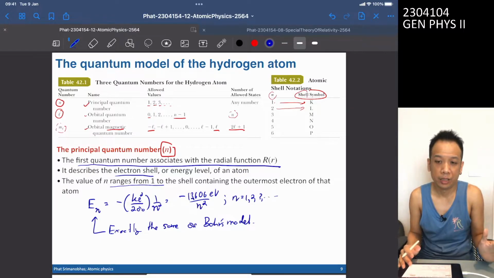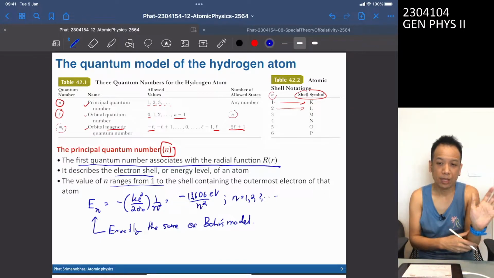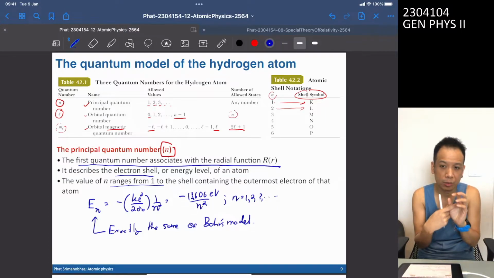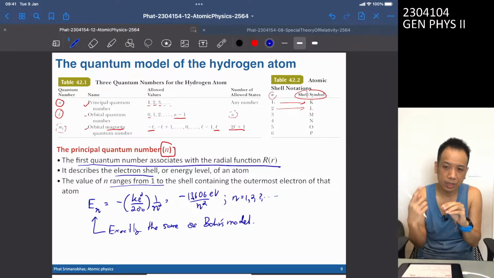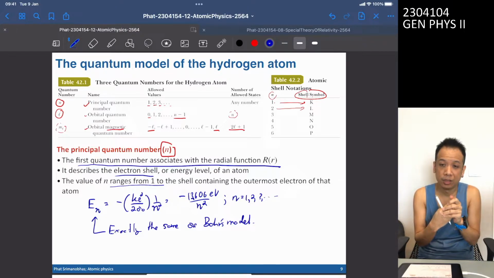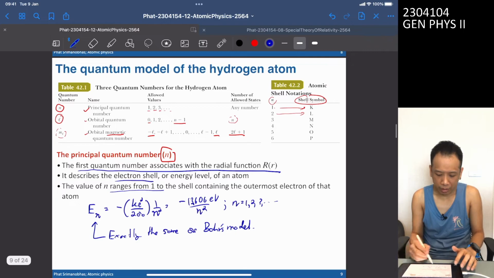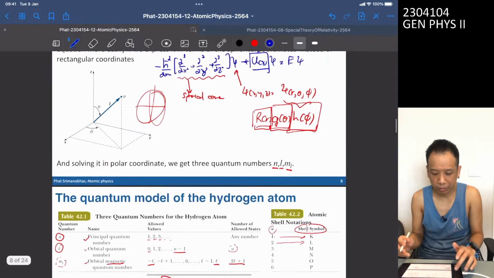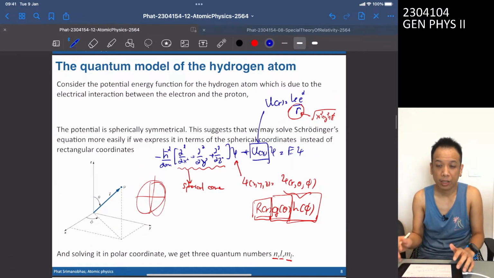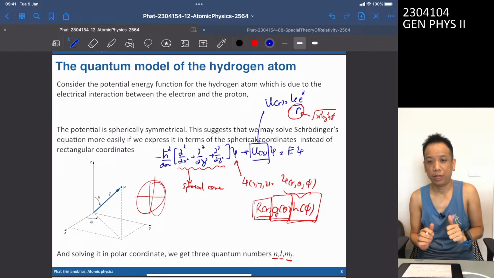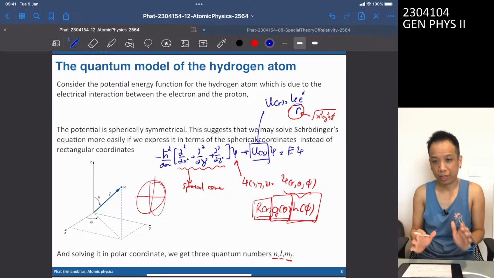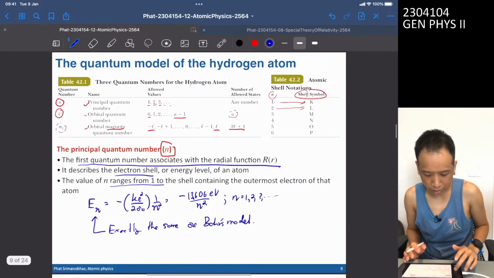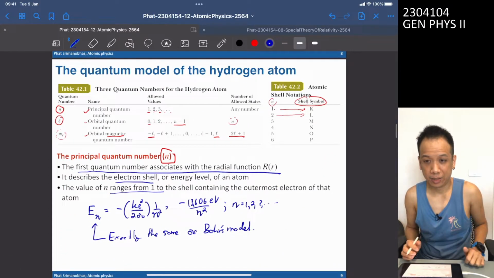From Bohr, he made the assumption that the electron is moving in circular orbits, right? The radius is quantized by the angular momentum, which is quantized to equal n h bar, and he calculated from that. But this calculation comes from the Schrodinger equation, where you put the boundary conditions. It's a different point of view to solve the hydrogen atom, but you get exactly the same thing.